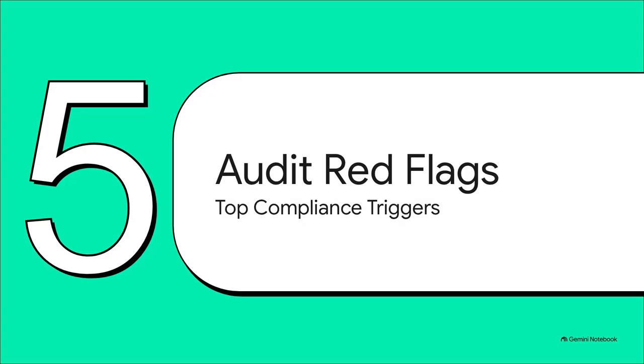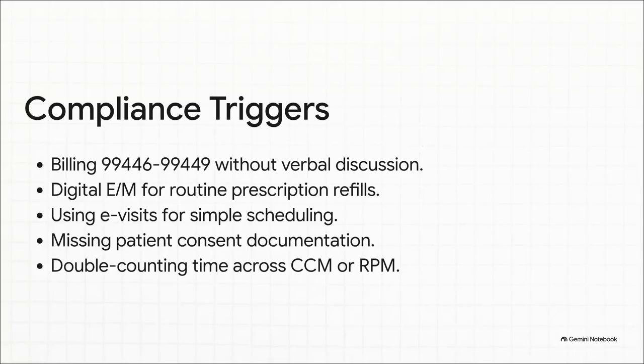Finally, Section 5. Avoiding top audit red flags. If you really want to build an absolute compliance shield around your practice, you need to memorize these top audit triggers. First, like we stressed earlier, absolutely never bill 99446 through 99449 if you do not have a clearly documented verbal discussion between the providers. Second, do not report digital E/M for a routine prescription refill or just simple administrative scheduling.